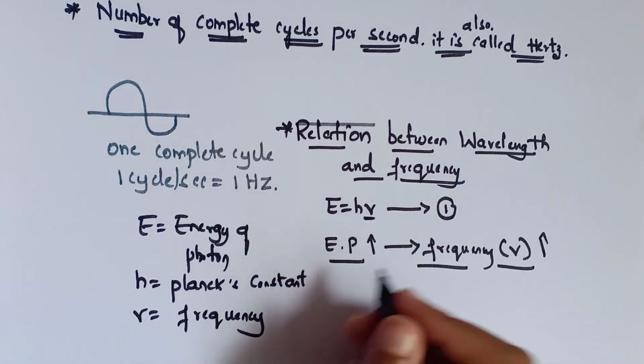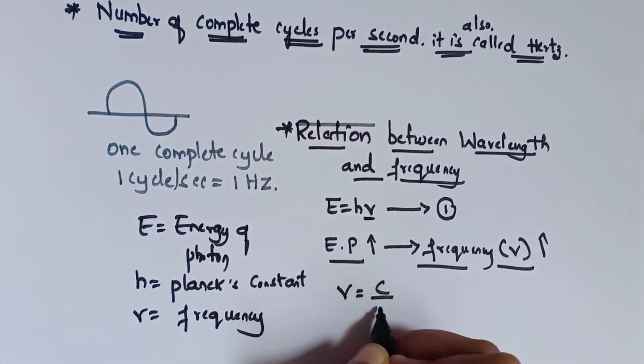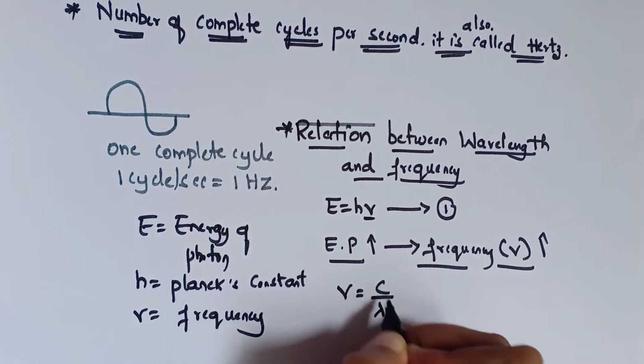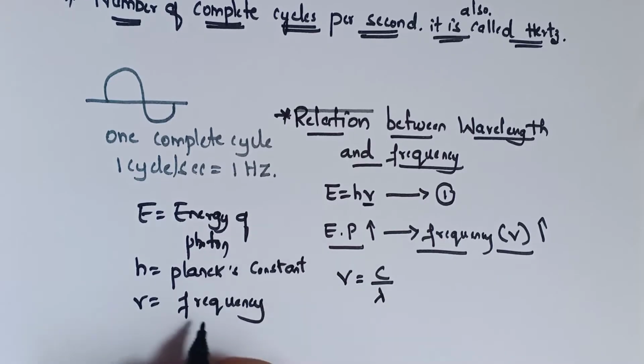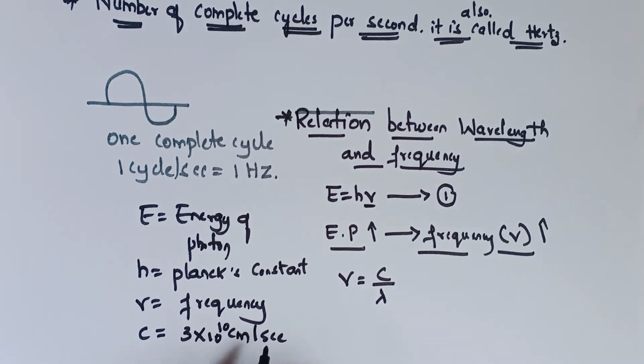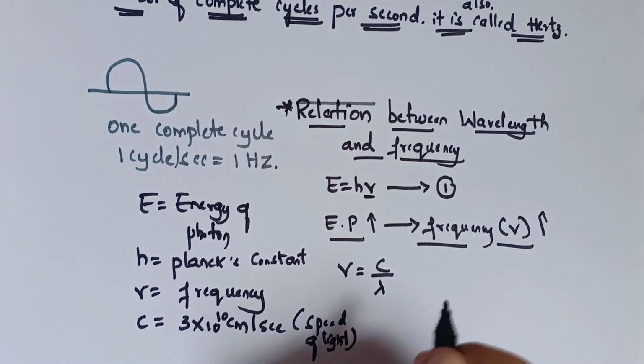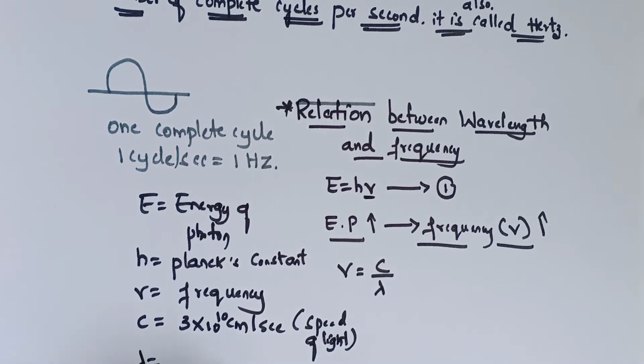Now we have to know what this frequency is. That is, nu is equal to c by lambda. Here nu is the frequency, we already know that, and c is the speed of light, that is 3 into 10 raised to 10 centimeters per second. And here lambda means wavelength.